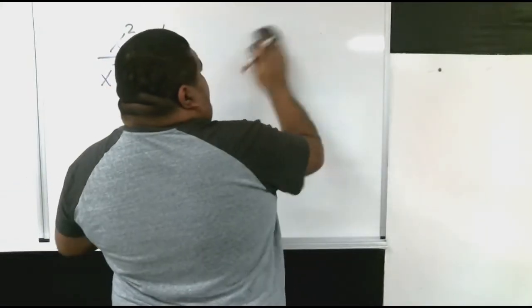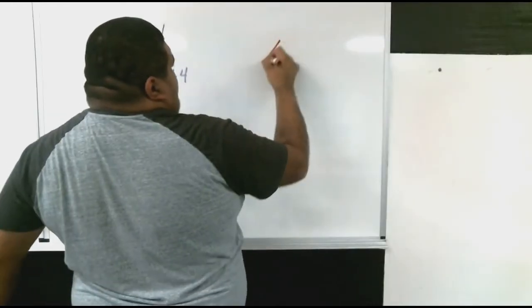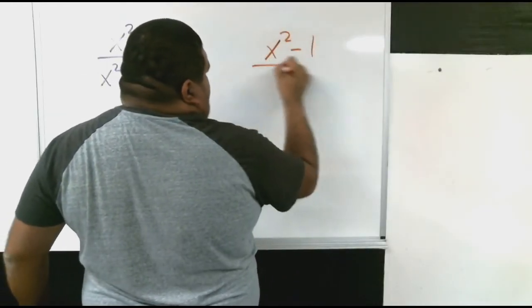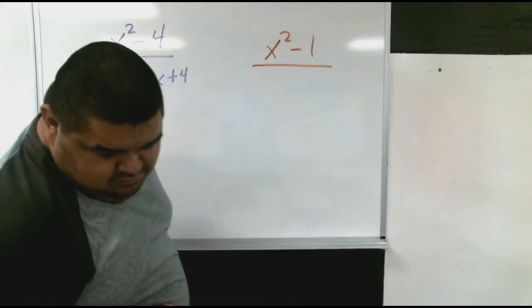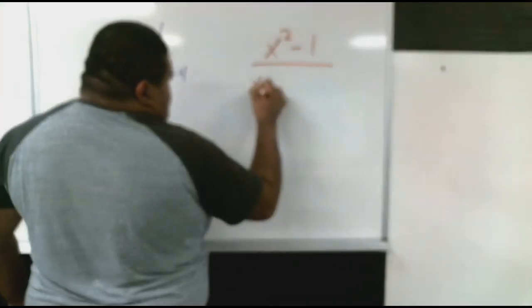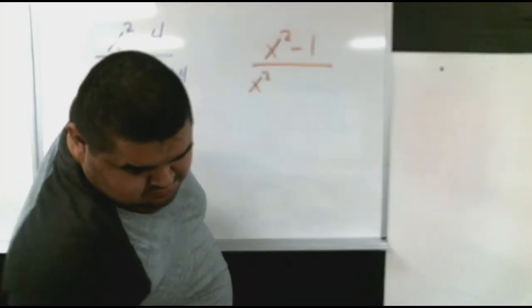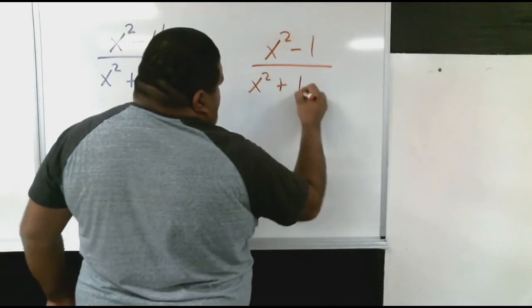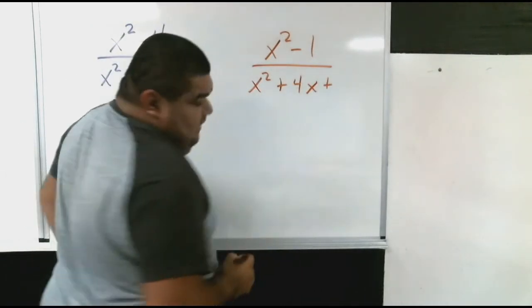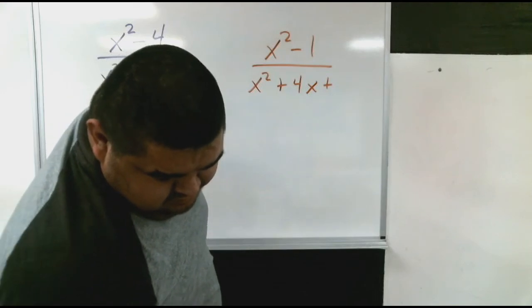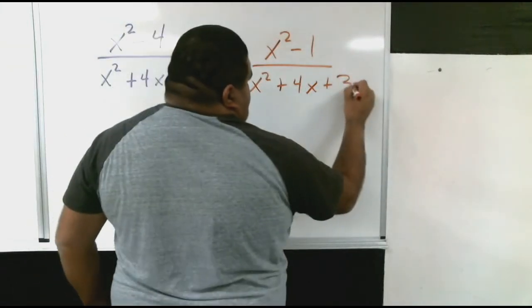So we don't have two different ones. Let's have x squared minus 1 over x squared plus 4x plus 3. Okay?